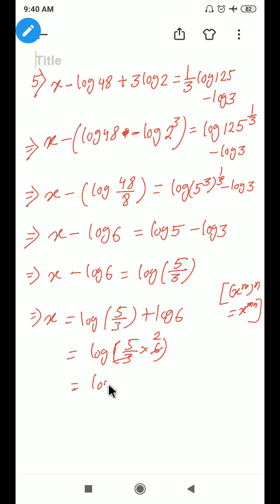So this is 5 into 6 by 3, which is 10, and the base is not given here, so assume the base as 10, so log 10 base 10 will be 1. Now this is our answer.